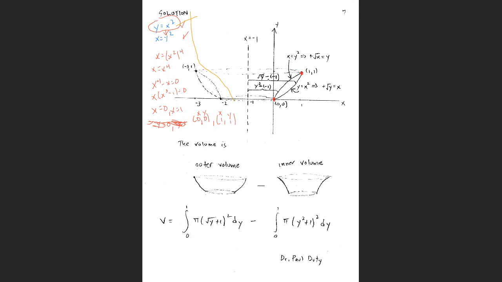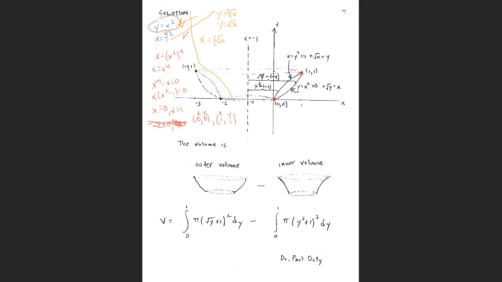The second equation, x equals y squared, can be written as y equals root x. But it's really y equals plus or minus root x. But since you're staying above the x-axis, you could say y equals root x, and then substitute that in the first equation.